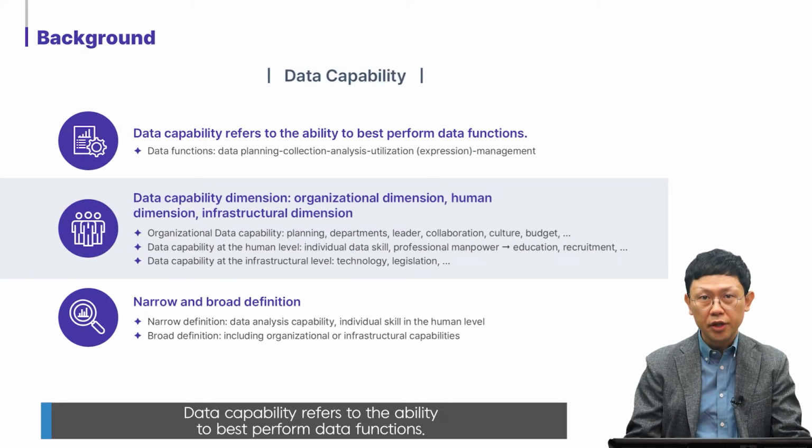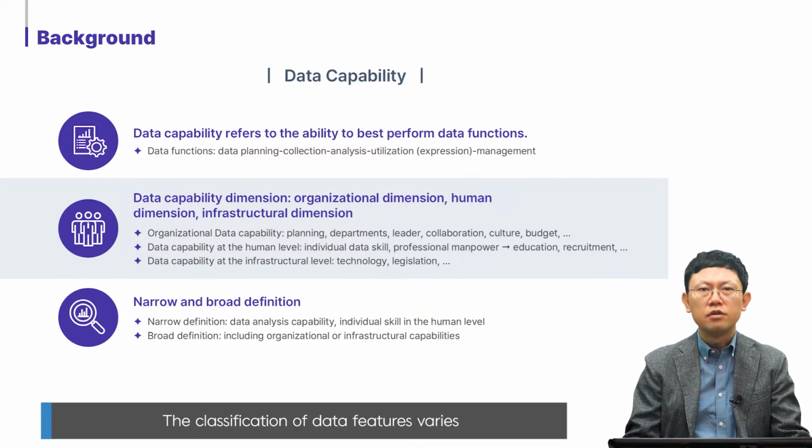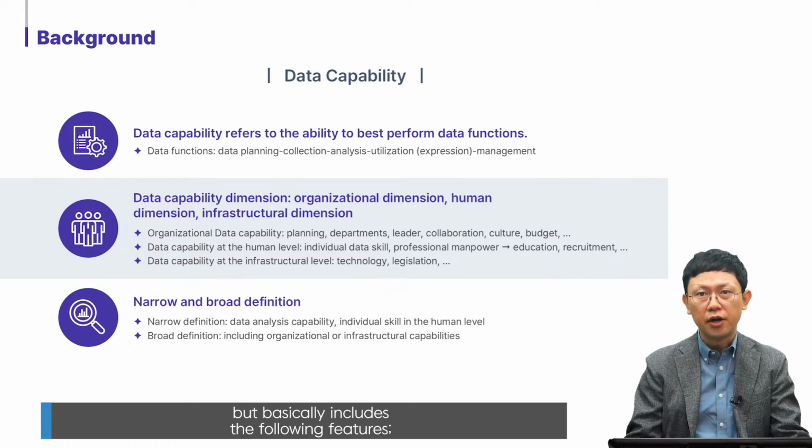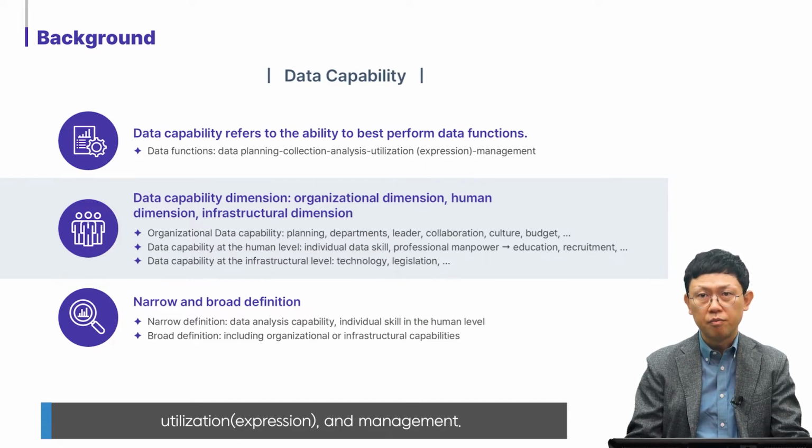Data capability refers to the ability to best perform data functions. The classification of data features varies, but basically includes the following features: data planning, collection, analysis, utilization, expression, management.